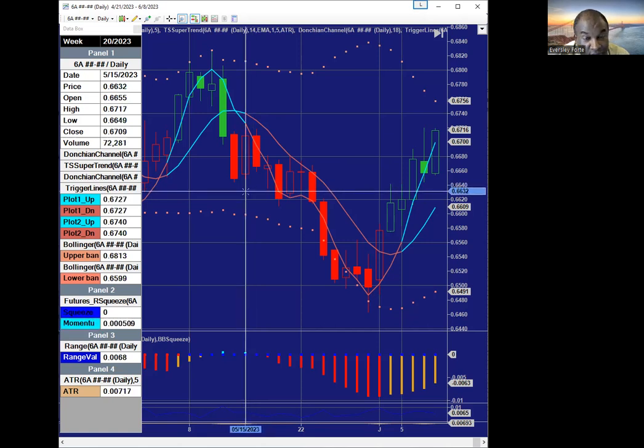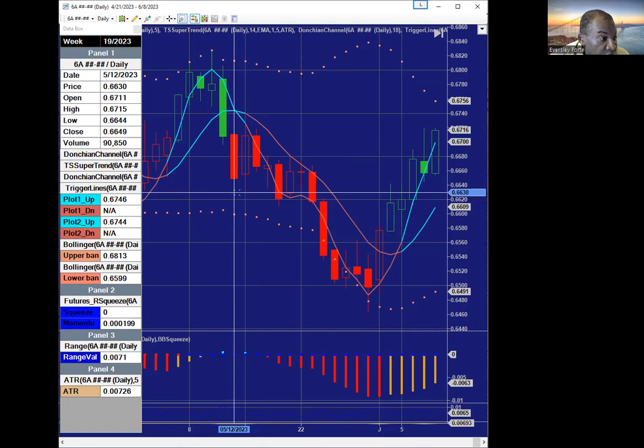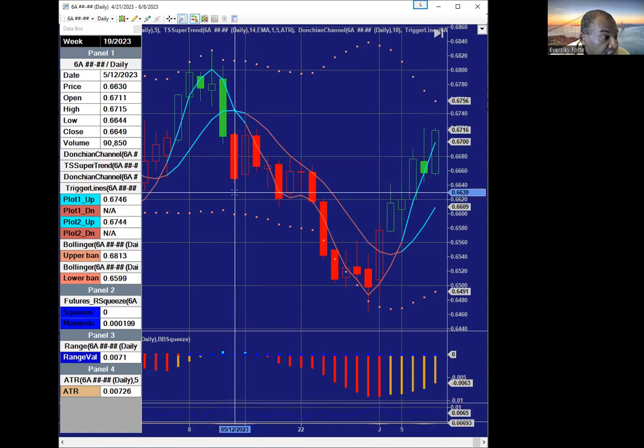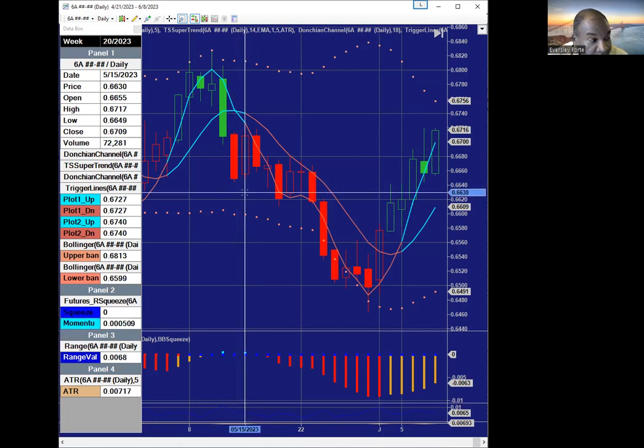Now, the stop loss for this particular trade will be 10 ticks above the highest high in these 2 days, which includes the trade signal day. The day we get a trade signal, we call the signal day. So between this day and this day is going to be 10 ticks above the highest high of these 2 days. That's going to be where our stop loss is.